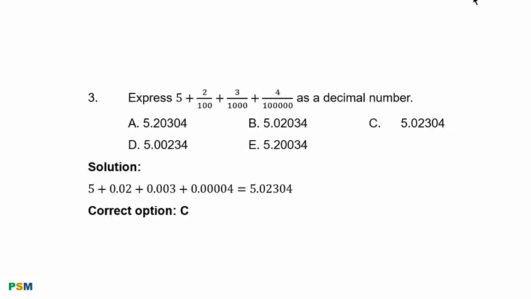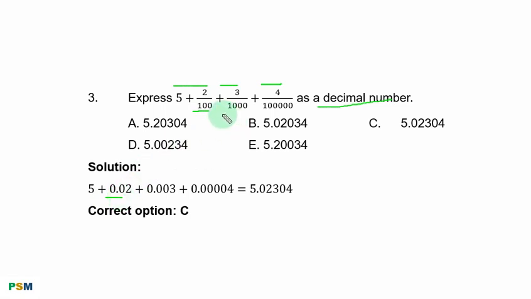Question 3. Express 5 plus 2 over 100 plus 3 over 1000 plus 4 over 100,000 as a decimal number. You have 5 plus. If you divide this fraction, you have 0.02.